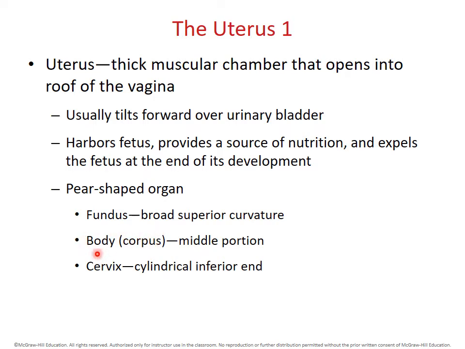And then the bottom part of the uterus is referred to as the cervix, and the cervix is a very muscular tube-like structure that forms the inferior portion of the uterus and is, of course, the boundary between the rest of the uterus and the vagina.